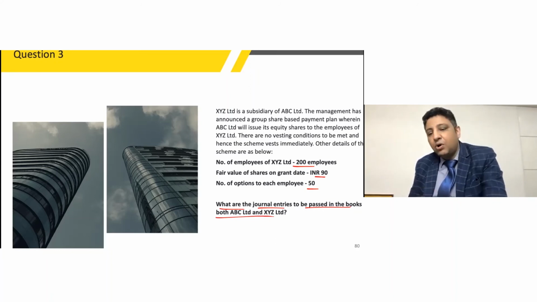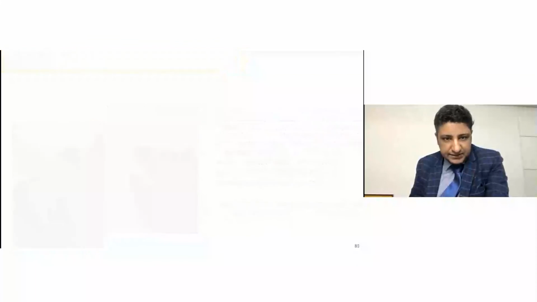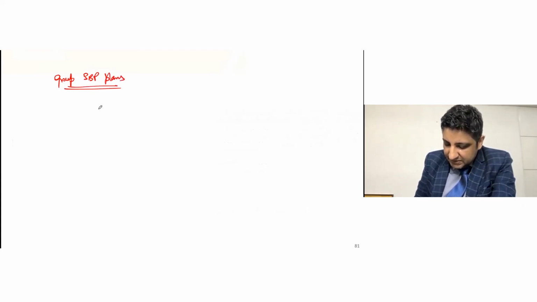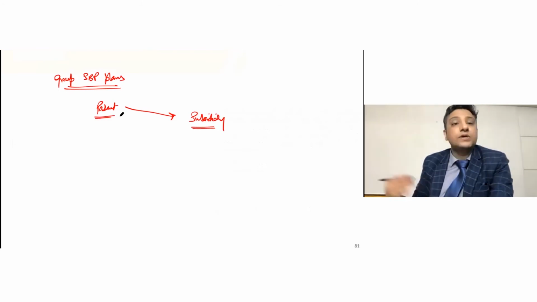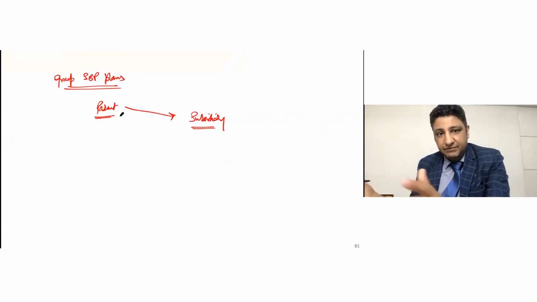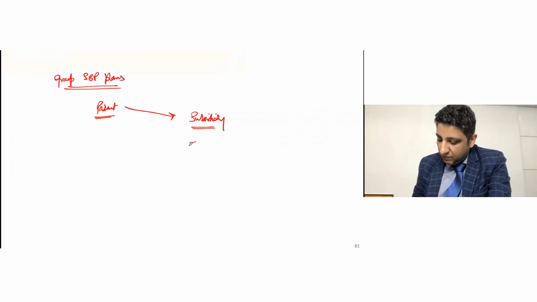Right? Now, importantly, what you want to remember is when you look at group share-based payment plans, like in the given case, there's a parent which is issuing shares to the employees of the subsidiary, right? Now think about what's happening. If we go back to the concept, the employees are working in this company, right?